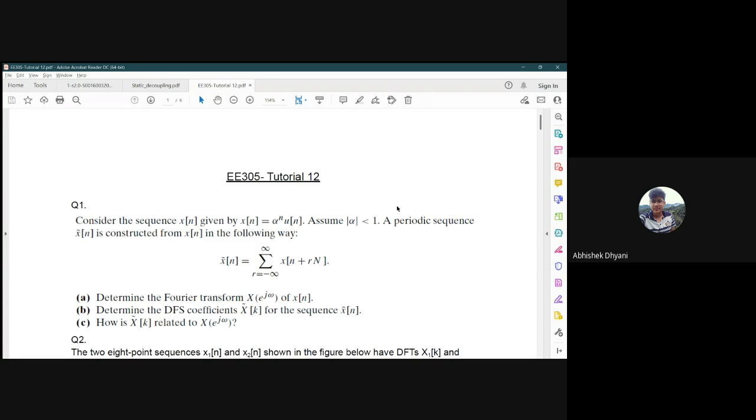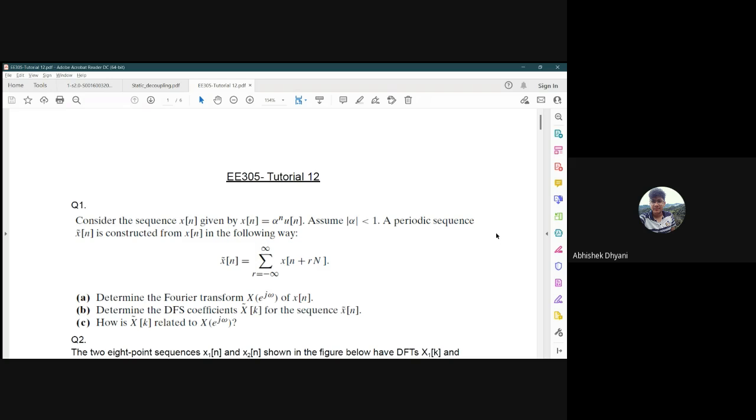Now, first of all, we obtain a periodic sequence x tilde n. Also in the lectures, the same notation is used for a periodic sequence. We say that x tilde of n is periodic. The way we construct it is that after R times N, this x of n will repeat, and using this expression we obtain x tilde n, which is basically the periodic version of x of n.